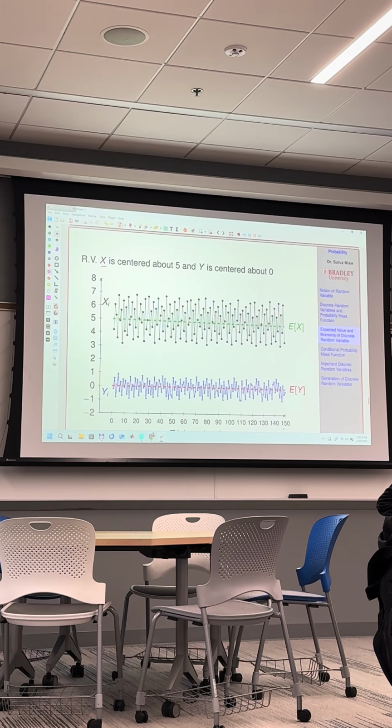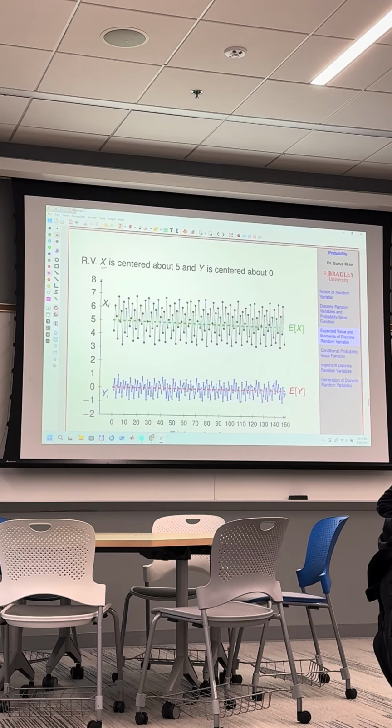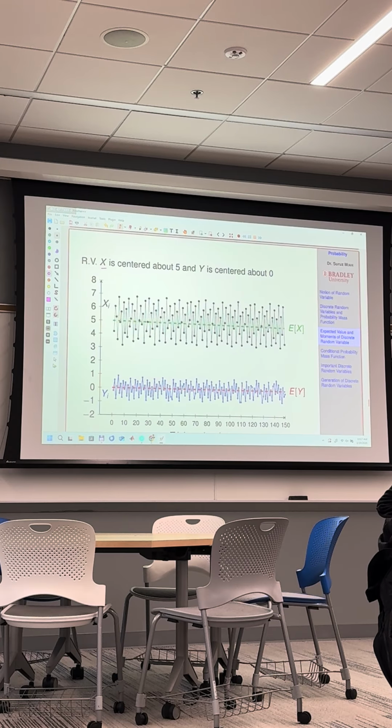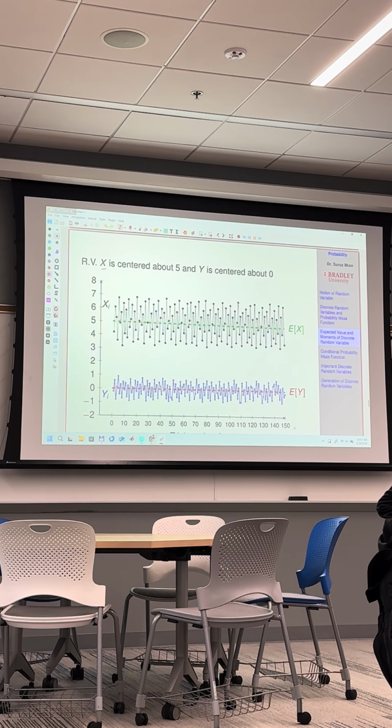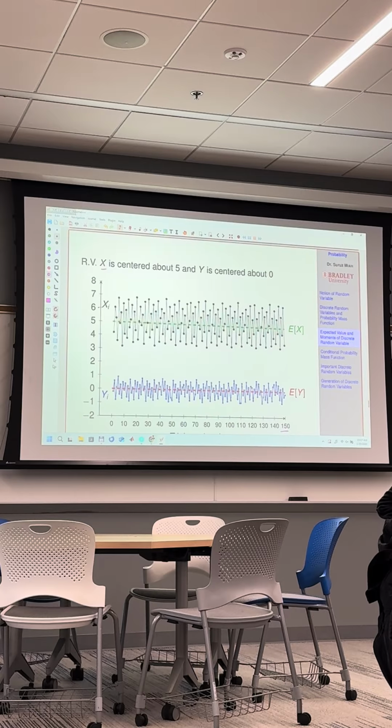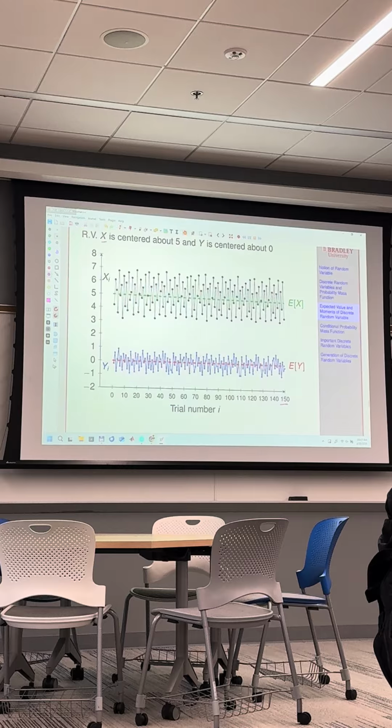I generated 150 data points using a random function from SciPy. You see that the expectation operator on this random variable is about 5. And here I have another random variable. The expectation operator on random variable y gives about 0. So this is one mean, and this is another mean.